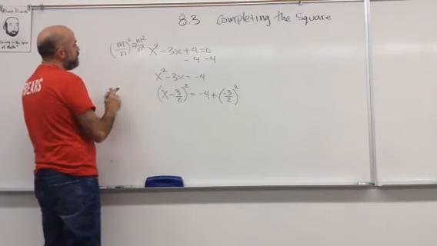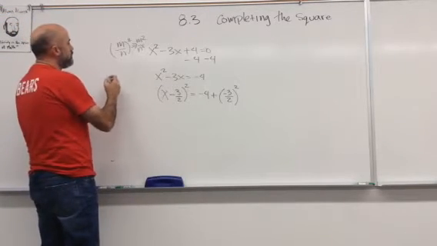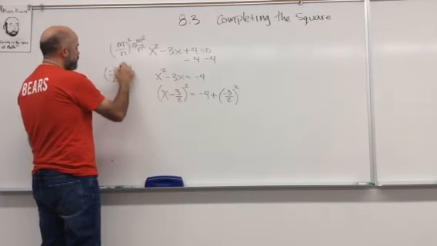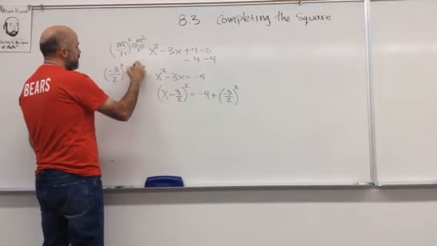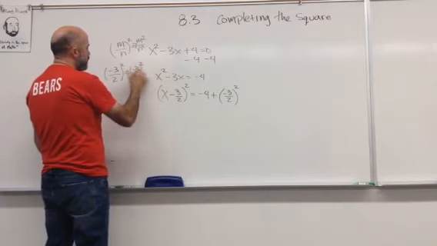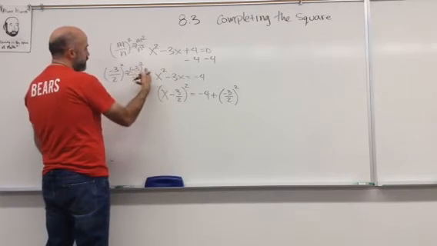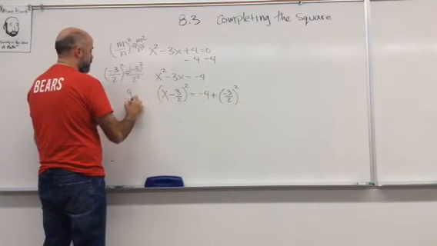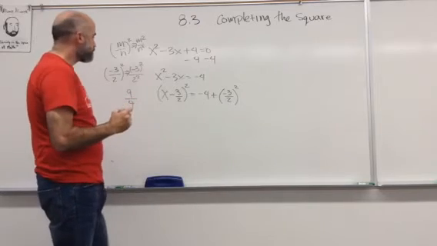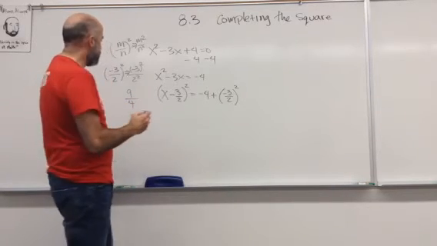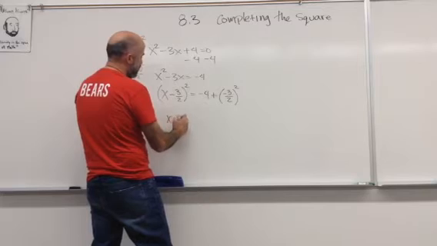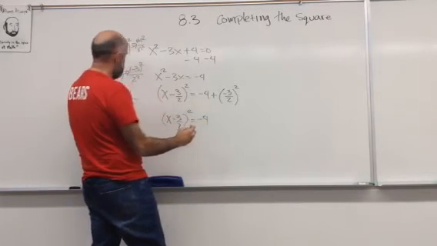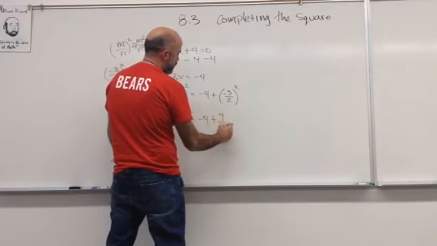We need to remember our rules of fractions, rules of exponents. So (negative 3/2) squared is negative 3 squared over 2 squared. Negative 3 squared is 9. 2 squared is 4. Okay, give me a second. So 9/4. (x minus 3/2) squared equals negative 4 plus 9/4.